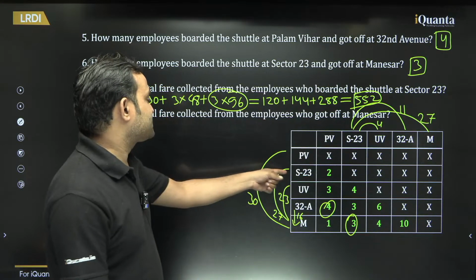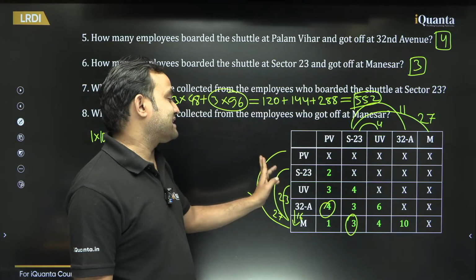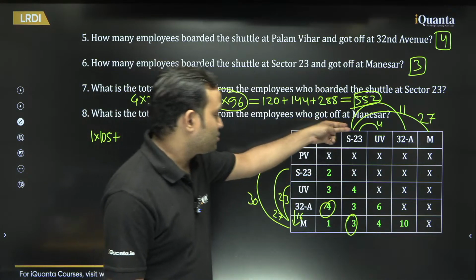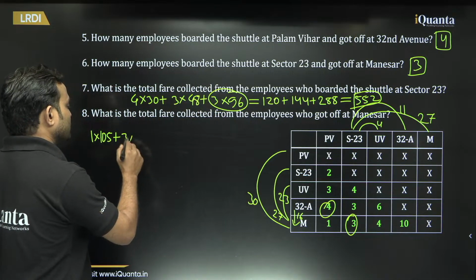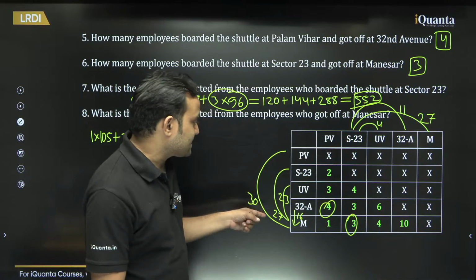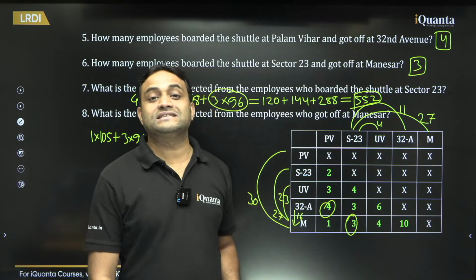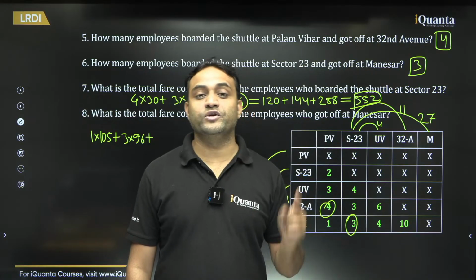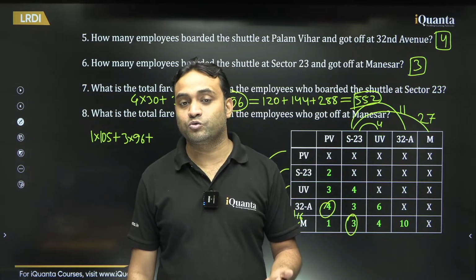Now, the number of employees who boarded at sector 23 and got down at Manesar is 3. So 3 into 96. How did we get 96? The distance from sector 23 to Manesar is 27. 27 minus 5 is 22, 22 into 3, 66 rupees extra plus 30 rupees basic fare.